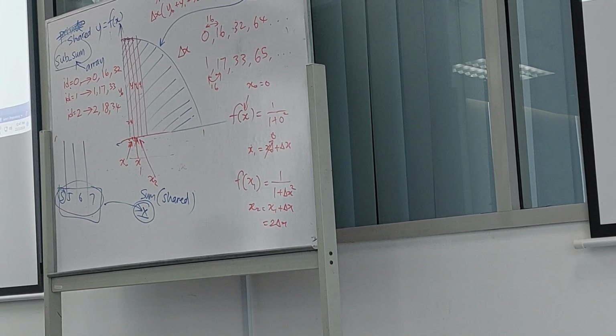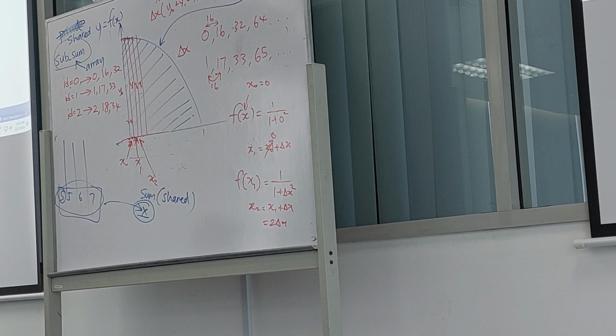And we have integer i, double x, pi, sum. The step is 1.0 divided by num steps.